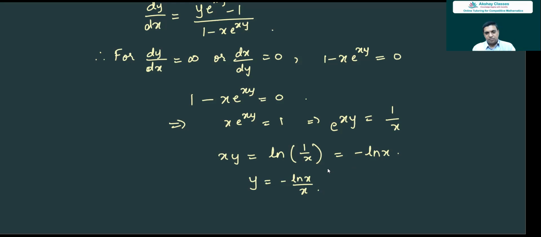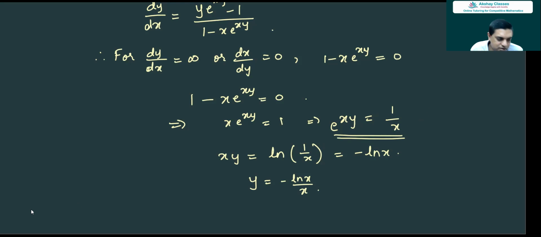It's not a function, by the way. We want that there is a point x comma y which satisfies this equation, this implicit definition. This is not a function. It is like this expression is equal to this expression.